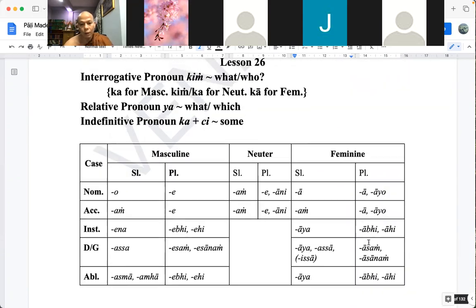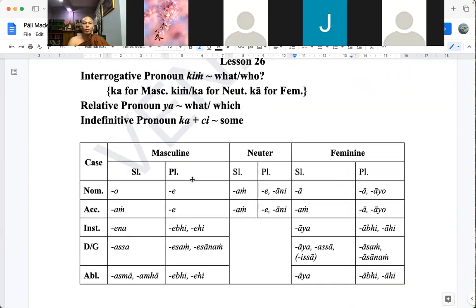So that is why, if we remember the declension of the demonstrative pronoun or the personal pronoun, most of the pronouns can be understood easily. Only some special forms we need to note.